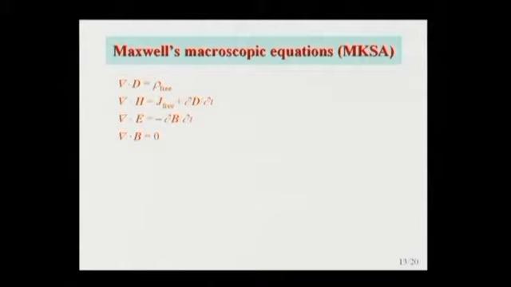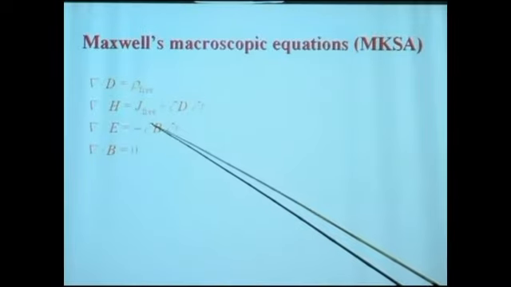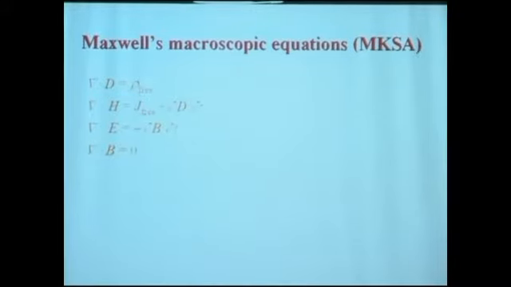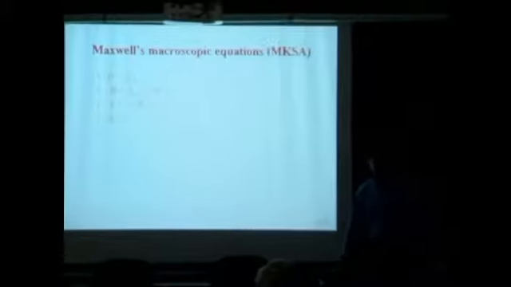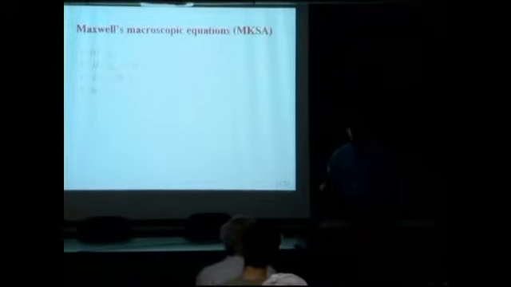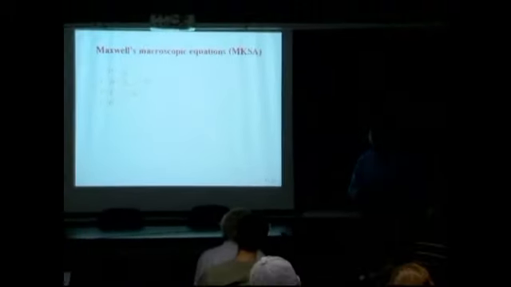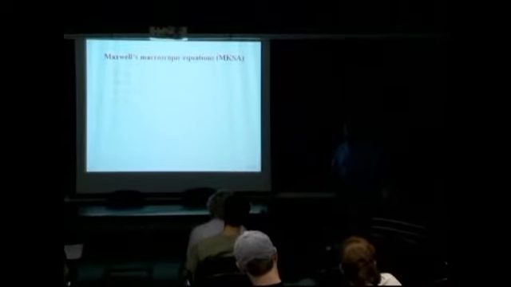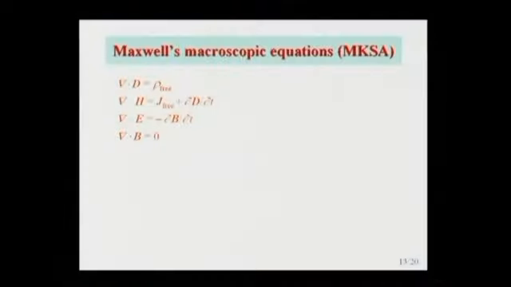There is a lot more to classical electrodynamics than just Maxwell's equations. So my first argument is that when you use Maxwell's equations, you have a choice between the microscopic equations and the macroscopic equations. In the microscopic equations, you do not have D and H. Everything is written in terms of the E field and the B field, which is something that the physicists love and the engineers abhor, because engineers love the H field.